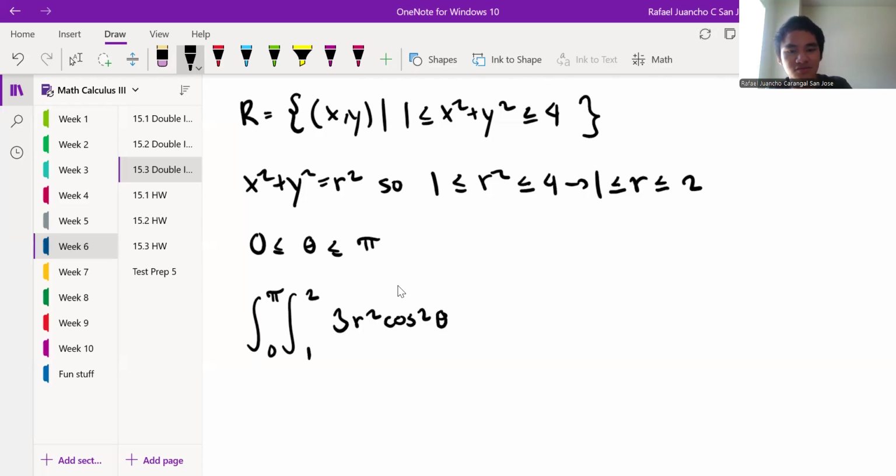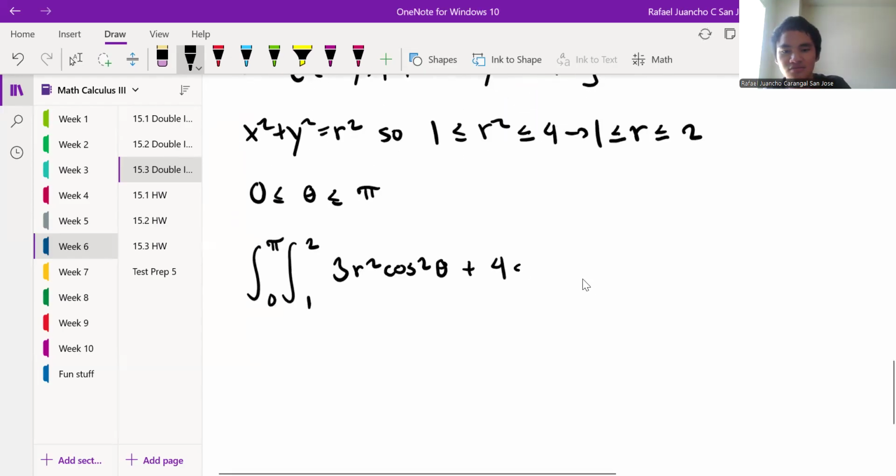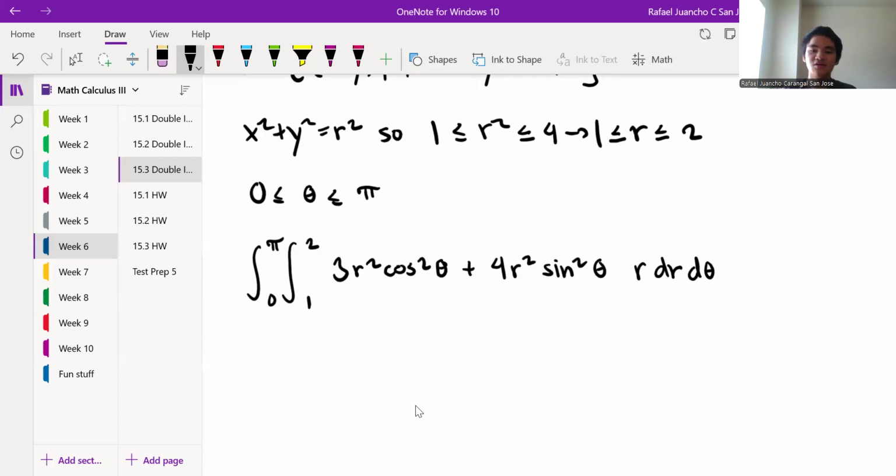So r squared cosine squared plus I think it was 4y squared. So 4, then r squared again, then y squared. So 4y squared. And then r dr d theta. So that's the whole integral, this thing.